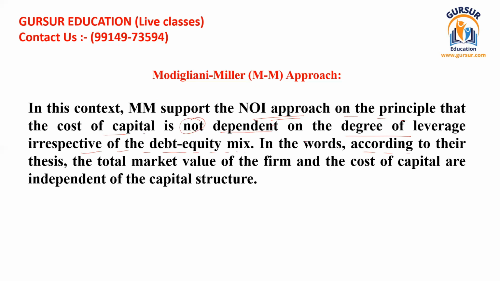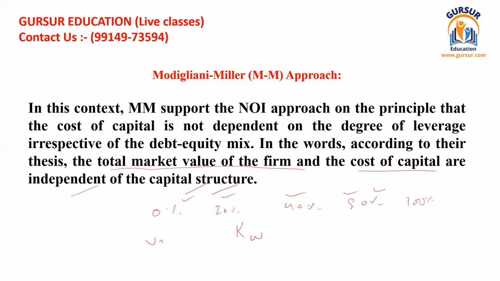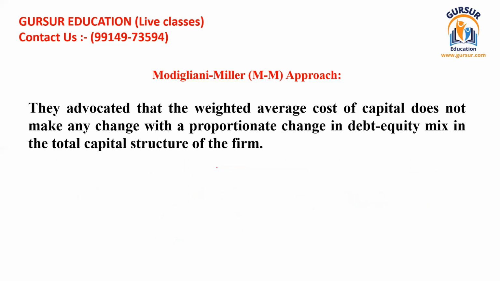In other words, according to their thesis, total market value of the firm and cost of capital are independent of capital structure. So whatever the capital structure you use, like leverage is 0%, 20%, 40%, 80%, or 100%, it is not going to make any kind of impact on the weighted average cost of capital and the valuation of the firm.